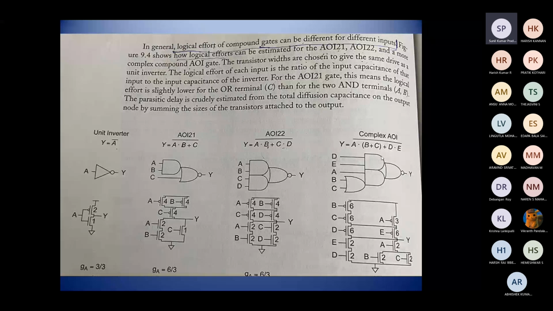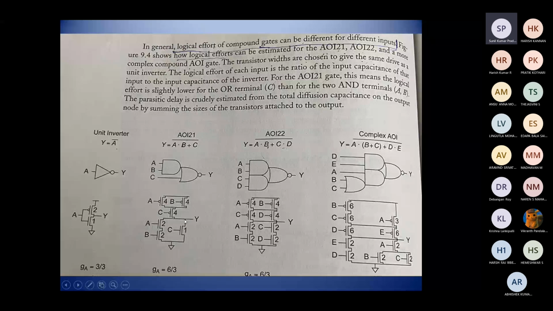I have shown three examples here. The first example is the normal CMOS inverter that you know, but this one is important because it shows how you can design any logical equation using CMOS logic. The first one is our logical equation, the second one is the gate representation, and the third one is the implementation using CMOS logic.